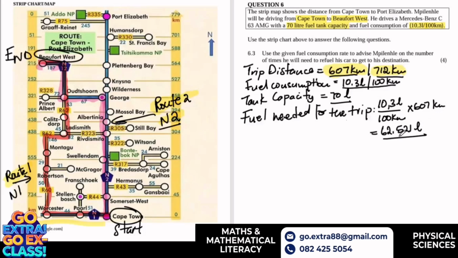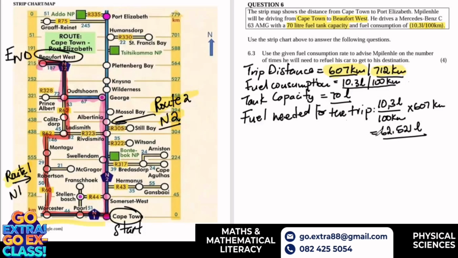If you are using route number 1, this is the fuel that is going to be needed. According to this, what will be the answer? Let's compare with the full tank.